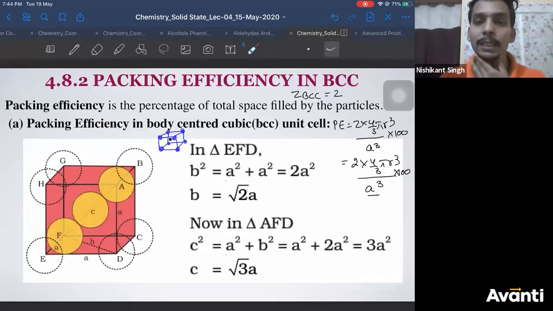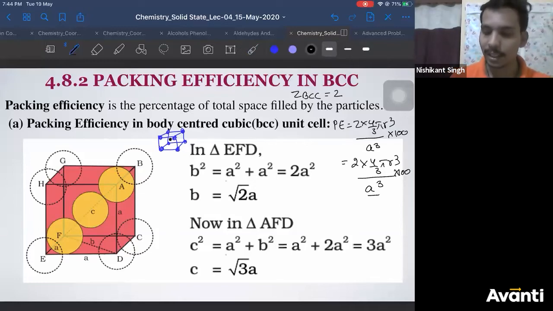So how many radii are there? There are 4 radii. And what is the length? We have already calculated the body diagonal before. We know the length of a body diagonal, guys. AF is our body diagonal. What is the length of the body diagonal?